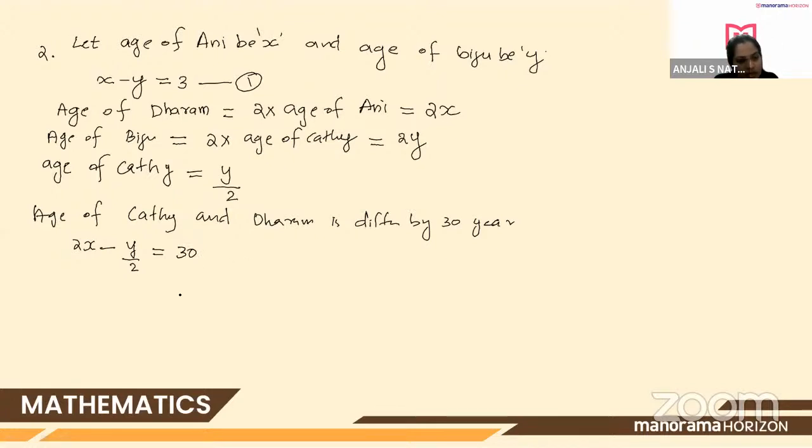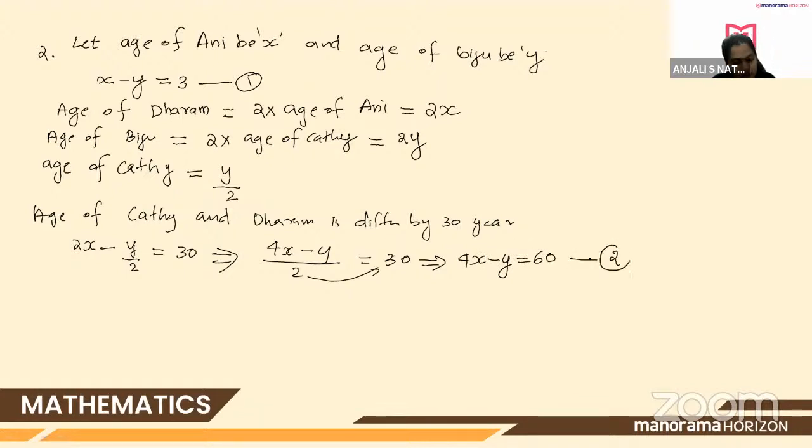So we can write it as 2x minus y by 2 is equal to 30. And we can take 2 to the other side, which implies the equation will be 4x minus y is equal to 60. So this is equation 2.